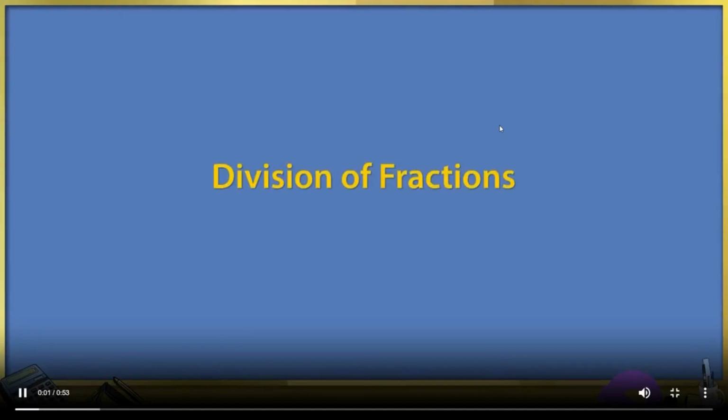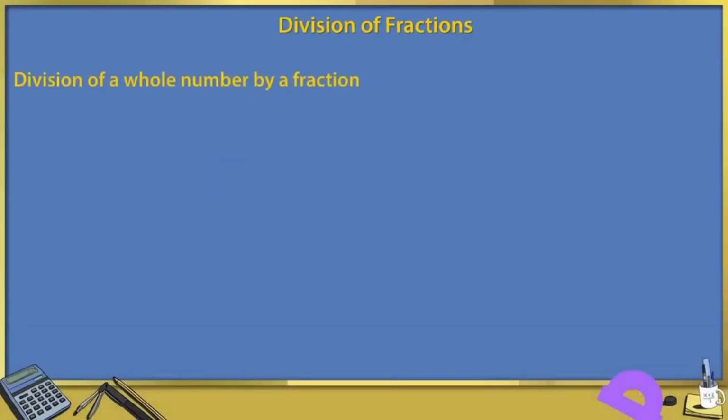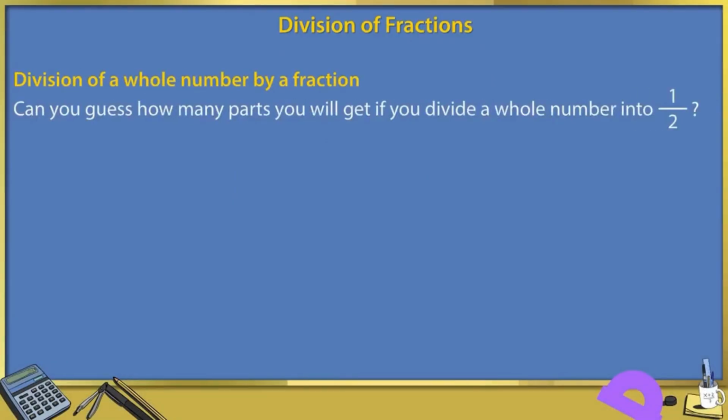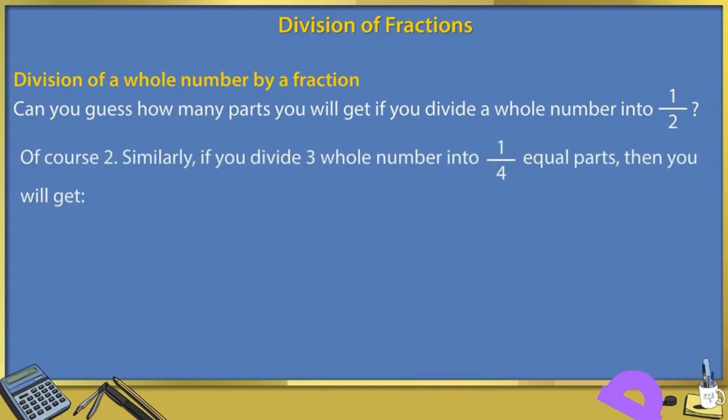Division of fractions. Division of a whole number by a fraction. Can you guess how many parts you will get if you divide a whole number 1 into 1 by 2 parts? Of course, 2.